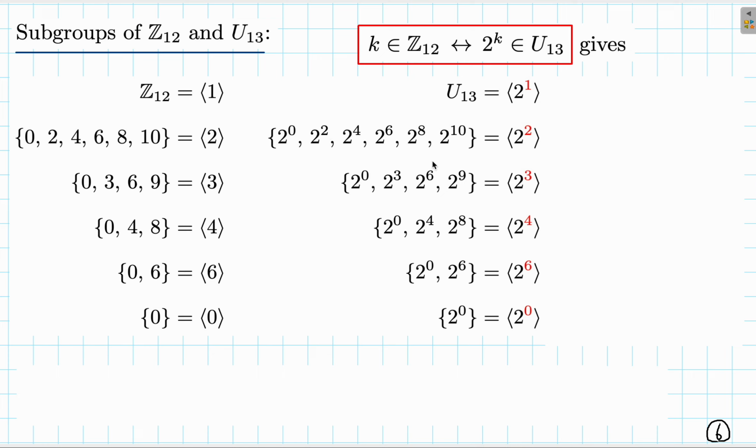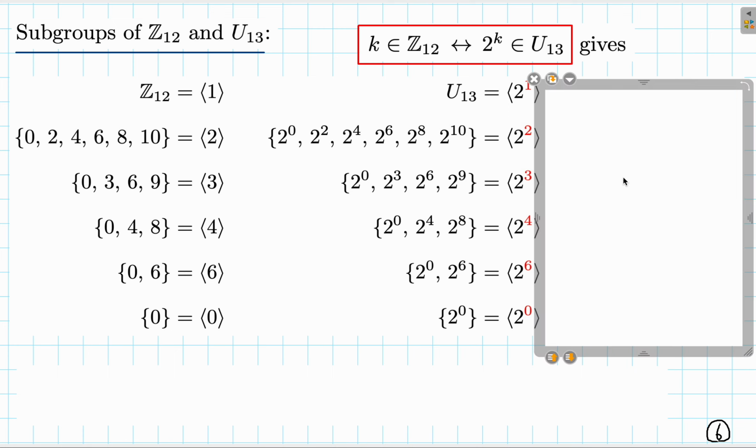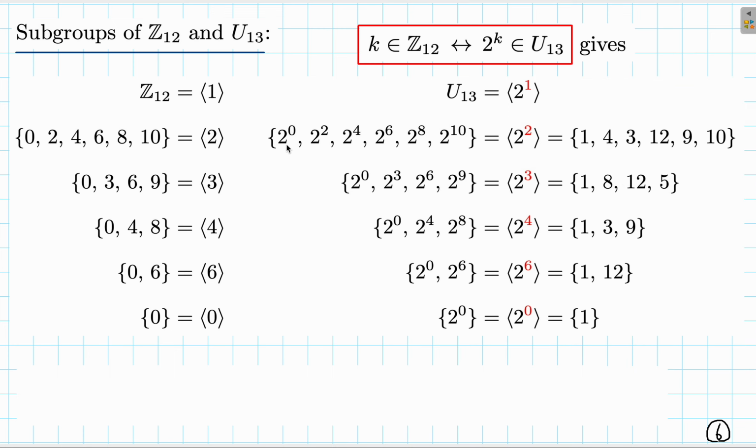Now all these elements are written as powers of 2, that's totally fine. If you want to write them as what they actually compute to, well, here they are. For instance, 2 to the 0 is 1, 2 squared is 4, 2 to the 4th mod 13 is 3, 12, 9, and 10. But my personal feeling is that nothing is wrong with powers of 2.